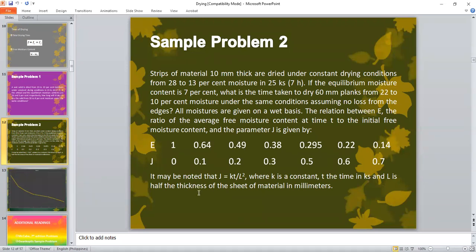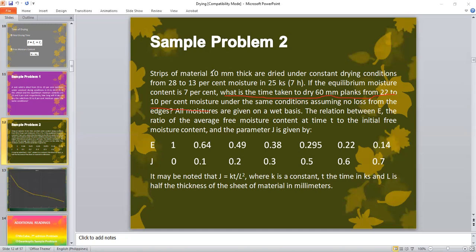It's asking for the time. Let me annotate. It's asking for the time it would take to dry 60 planks from 22 to 10% moisture. Initially, this type of planks was dried for a period of 25 kiloseconds.